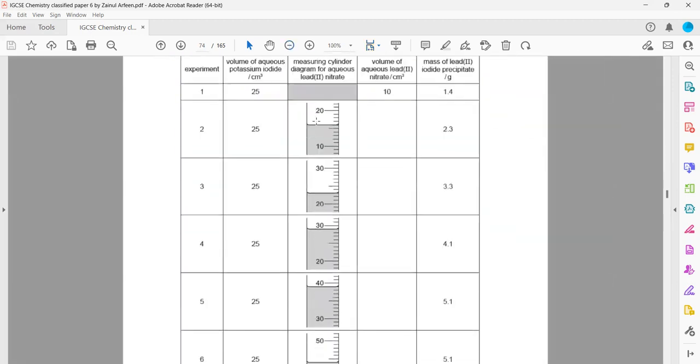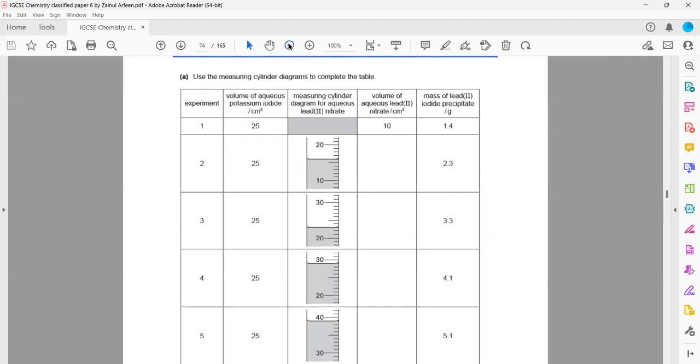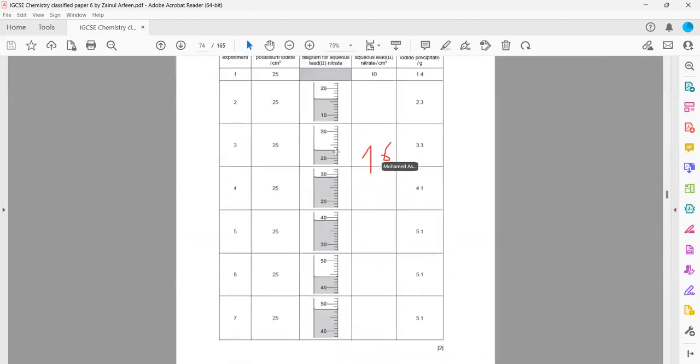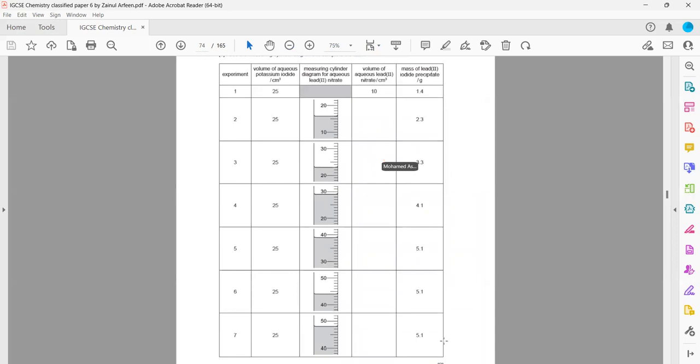Use the measuring cylinder diagram to complete the table.